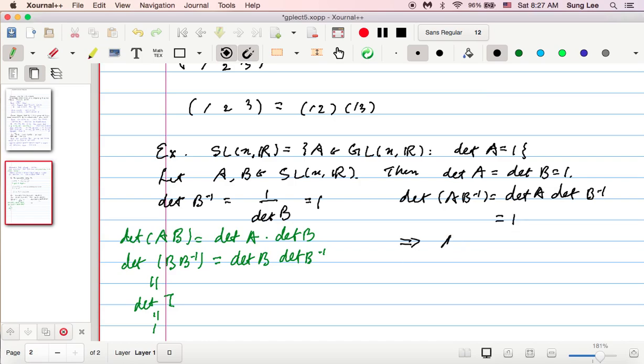So A B inverse belongs to SL. Therefore, this is a subgroup of the general linear group.